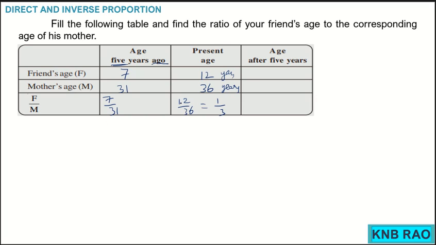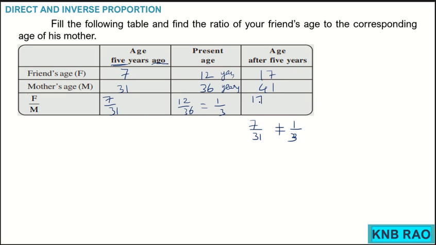Is it equal to 1 by 3? No. So, you know that 7 upon 31 is not equal to 1 upon 3. Then further, after 5 years, your friend will be 17 years old and his mother will be 41 years old.